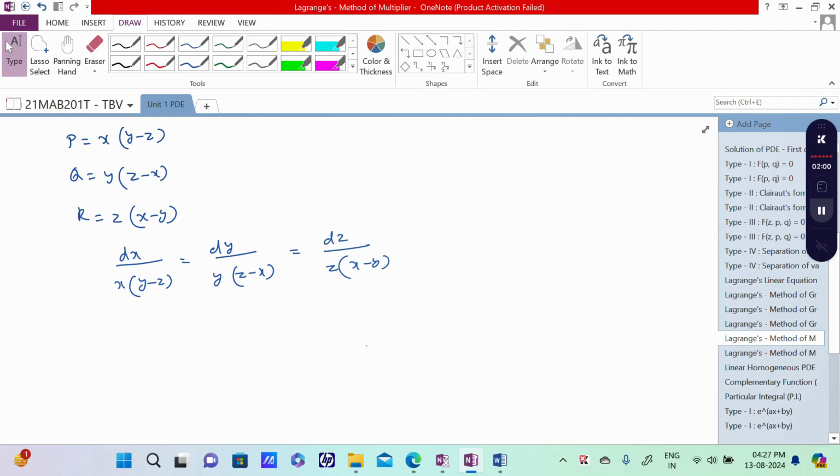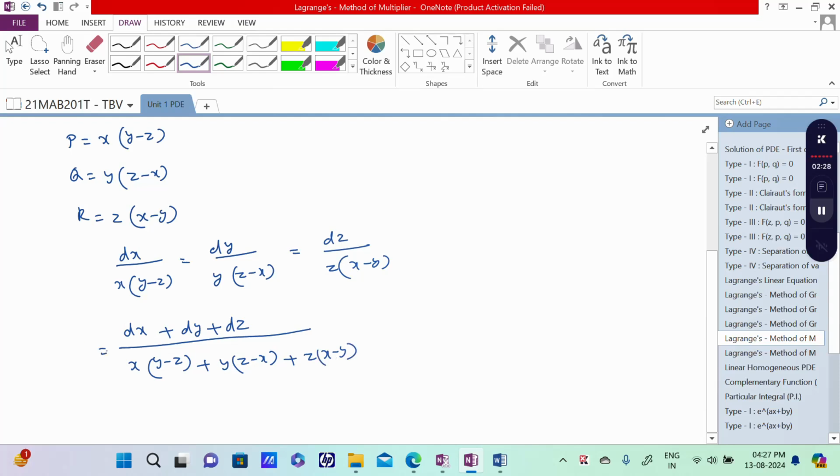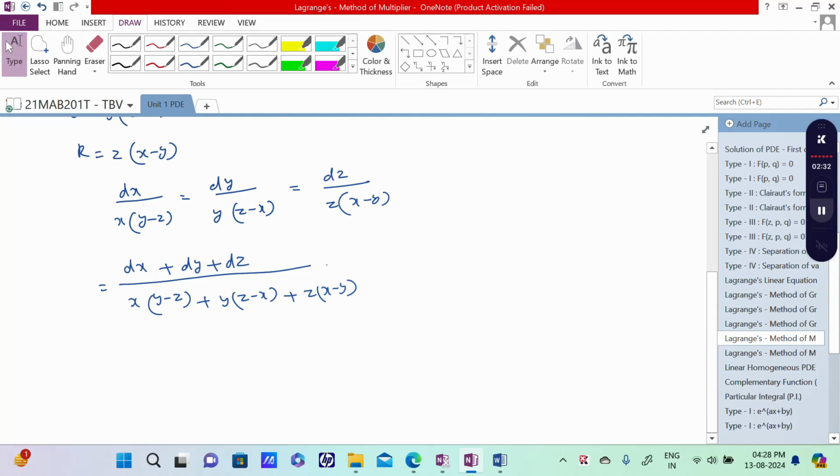Now what is my plan? I am going to add all the three. Once I add all three, the denominator should become 0. Therefore, I take (dx + dy + dz) divided by x(y − z) + y(z − x) + z(x − y), adding all the three. When I do this, (dx + dy + dz) divided by xy − xz + yz − xy + xz − yz.